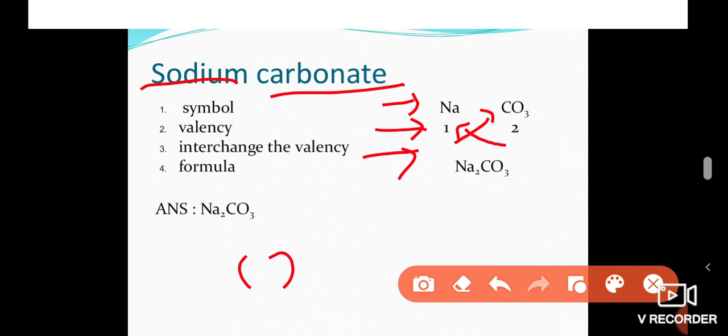Now we get Na2 and CO3. How many CO3 is there? Only one. If a polyatomic ion contains more than one, we write it inside the bracket. So here only 1 is there. So we need not write inside the bracket. So Na2CO3.